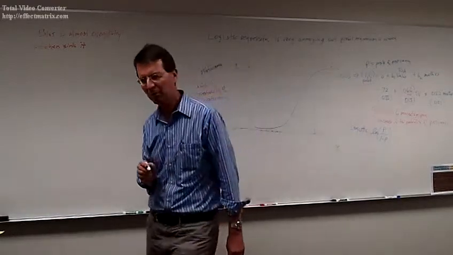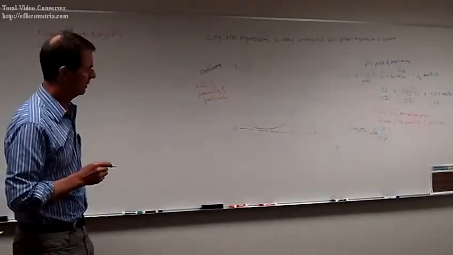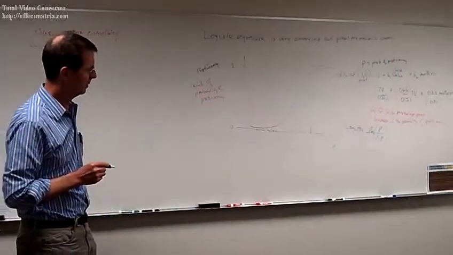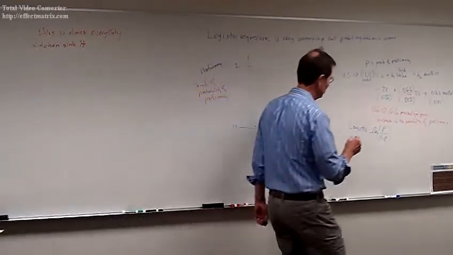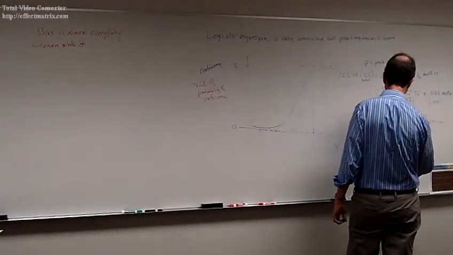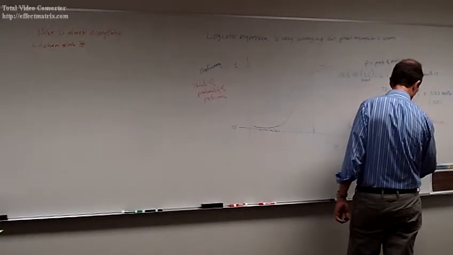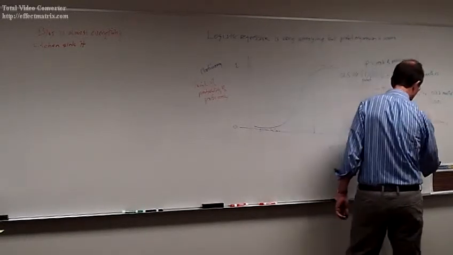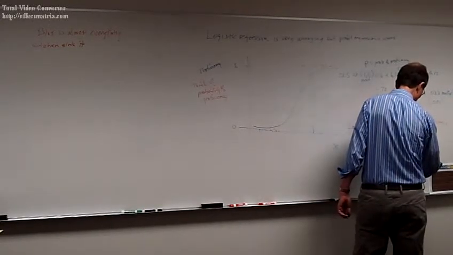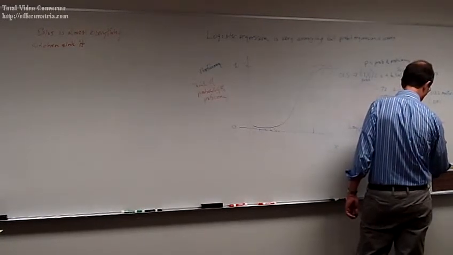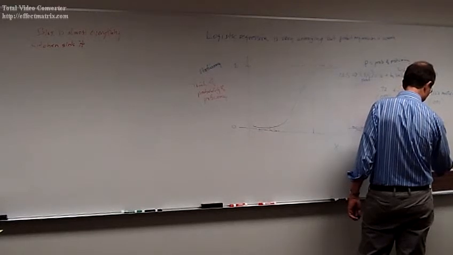Probability over 1 minus probability is the odds of something. We'll talk about that in a minute. But it's a fundamentally different functional form. And then the right-hand side of the equation looks exactly the same. We've got task value and then math raw score.